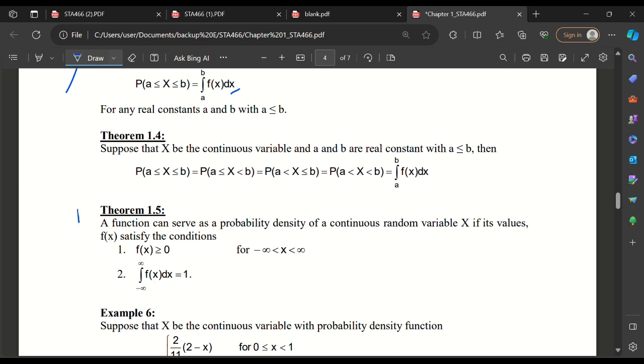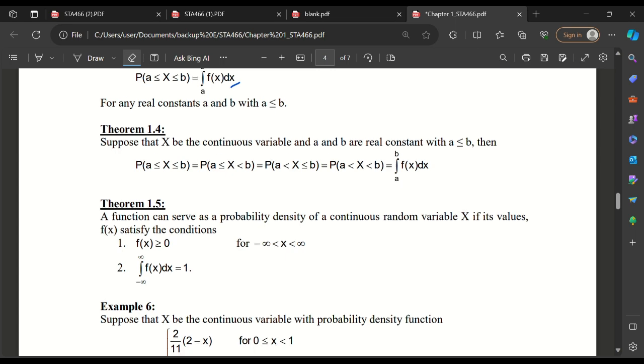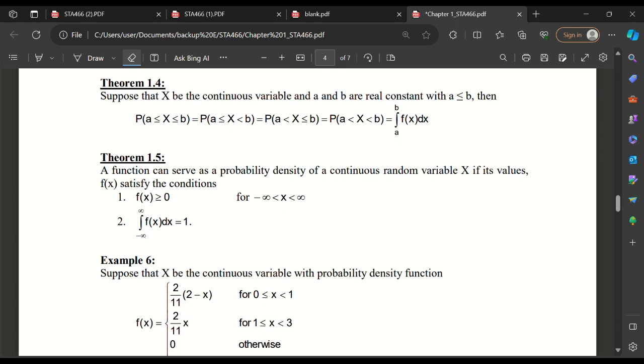Okay, the properties. We have two properties untuk continuous, actually sama macam discrete. The first one, the probability of the random variable x will be a positive value. The probability value cannot be negative. It should be from 0 up to 1 actually.